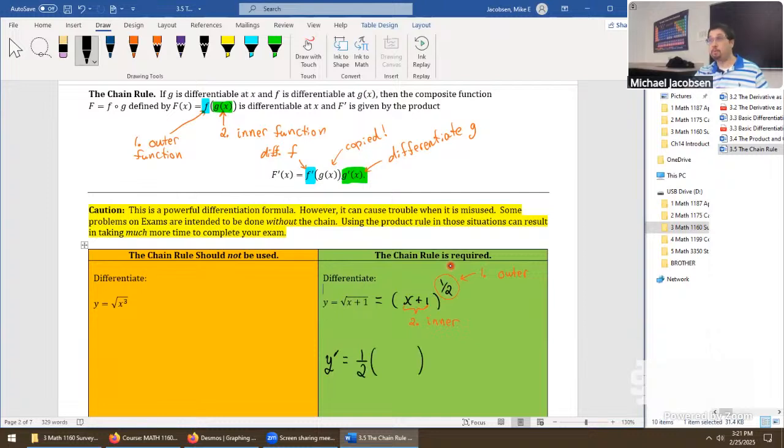The new power is going to be 1/2 minus 1. So negative 1/2. And all I've done here is do derivative 1, the outer function. The outer function is the square rooting function or the power 1/2 function. And we just use the power rule on that. There it is. That's what is playing the role of f prime here, and now it's completely done.